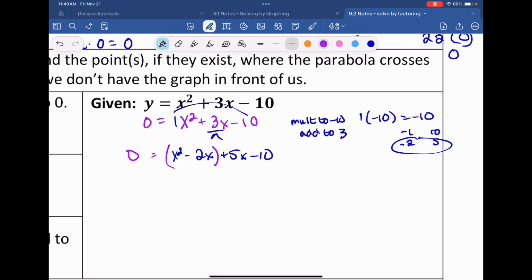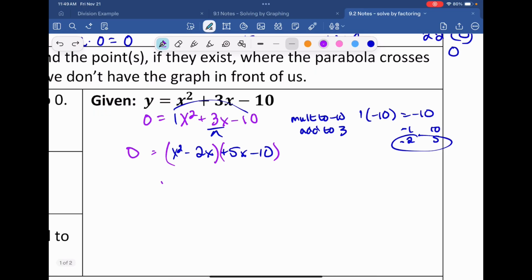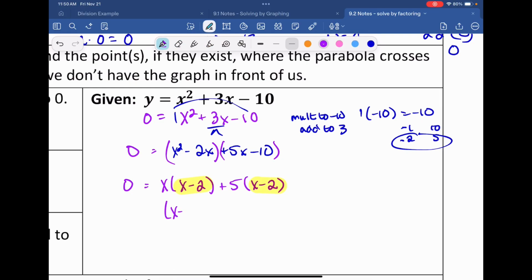Group. GCF. That one is 5. Common binomial factor. And whatever is left.